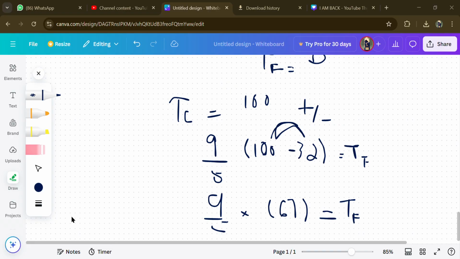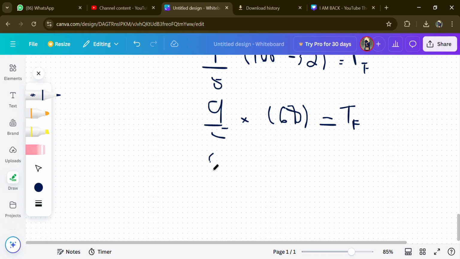Okay, let's just minus 30 from it. So that's equal to 68. Now try to cancel out. It can't be cancelled out, so let me just multiply it by 9. So this would be 612 divided by 5 equal to TF.